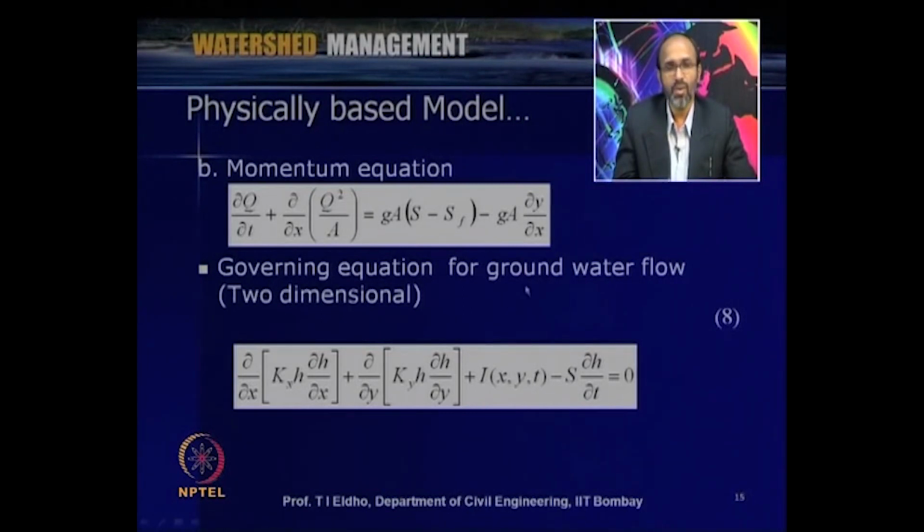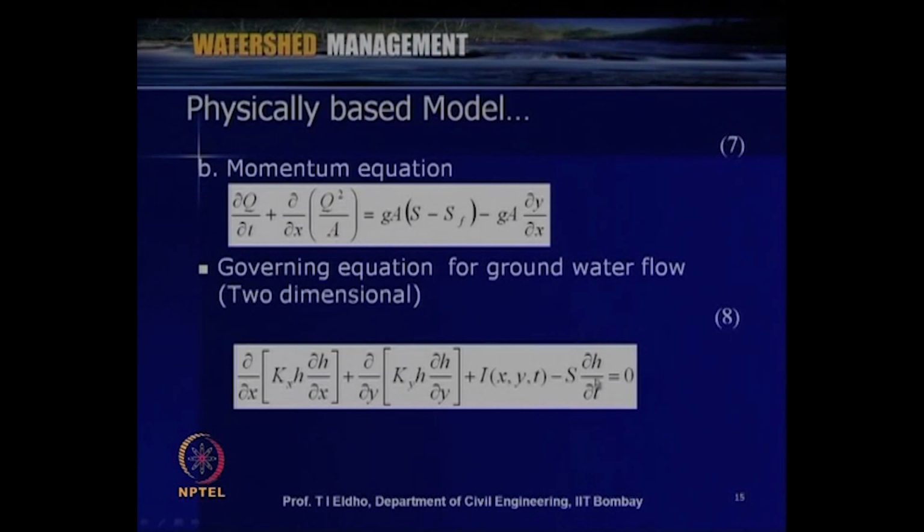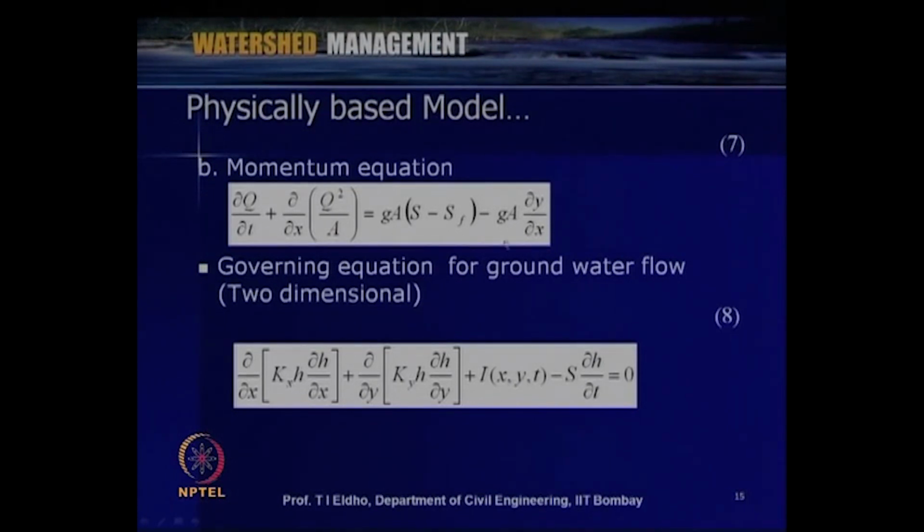The governing equation for groundwater flow in 2 dimensions is given by equation number 8: del by del x of Kx h del h by del x plus del by del y of Ky h del h by del y plus I, equal to S del h by del t, where h is the hydraulic head, Kx and Ky are hydraulic conductivities in x and y directions, I is the infiltration or the inflow coming to the system, and S is the specific yield or storage coefficient depending upon the system.